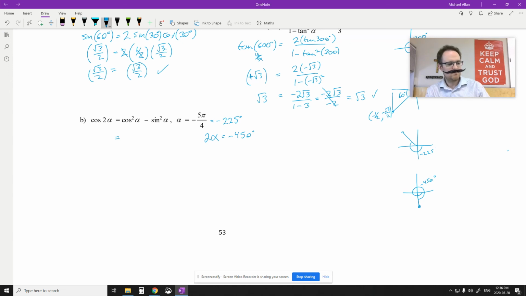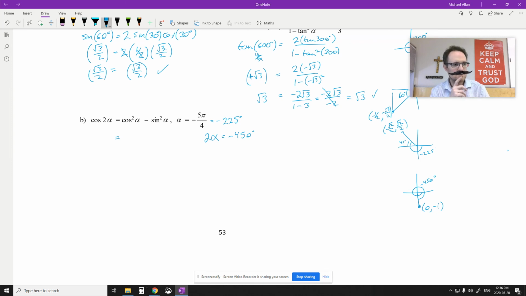Straight down. Okay. These negatives are really kind of messing me up a little bit. That's fine. If I'm going straight down, my x value is 0, my y value is negative 1. That's going to be useful. And this is a reference angle of 45 degrees in this quadrant, which will make my x value negative root 2 over 2, and my y value positive root 2 over 2. Okay. So now I have enough information to solve this question.